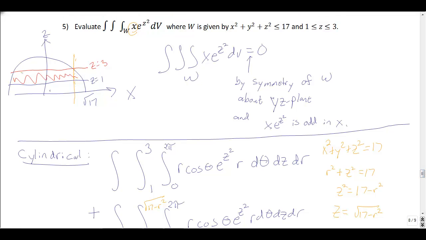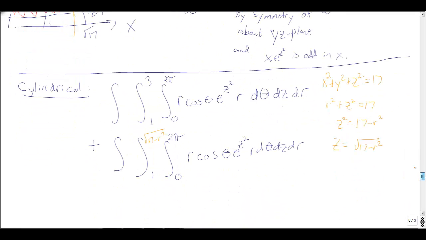That's z equals 3, where that intersects the sphere. Our sphere equation is r squared plus z squared equals 17, but we know z is 3 when we intersect that plane. And so we get r squared equals 17 minus 9, that's 8. So r is the square root of 8, plus or minus, but we know it's a positive r.